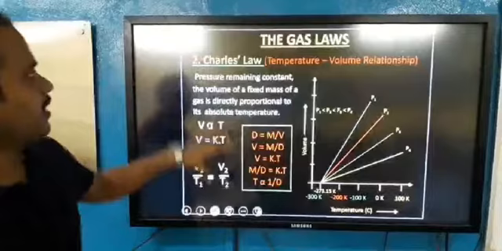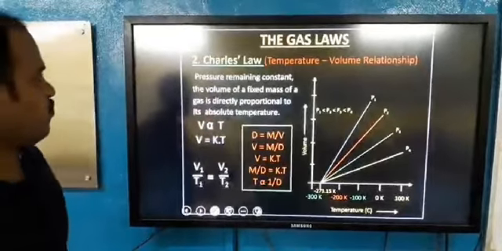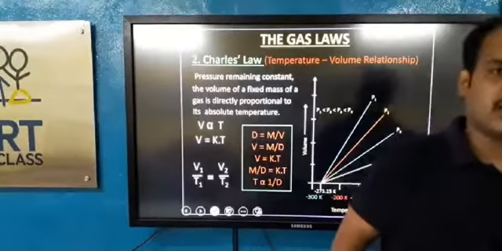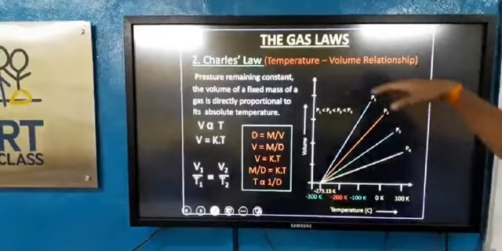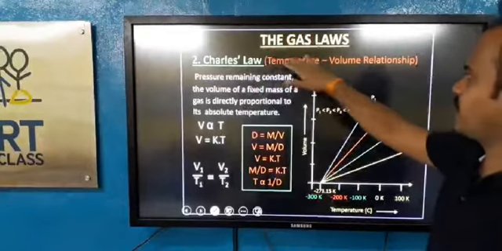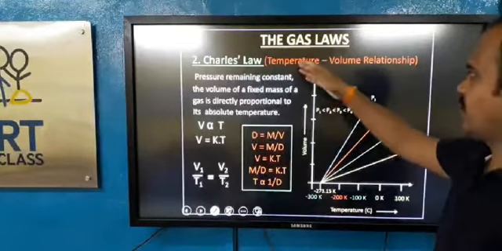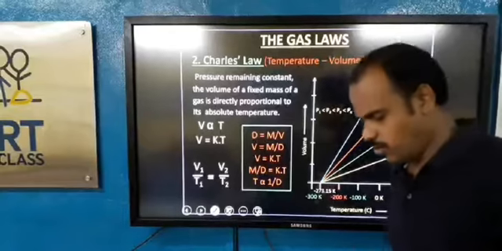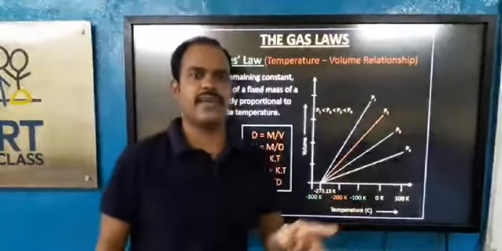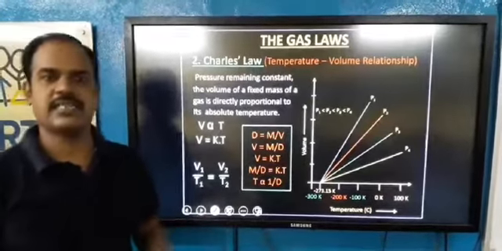Next, second law, which is followed by gases, this is Charles' law. So according to Charles' law, it explains the relation between temperature and volume. So what's the relation between temperature and volume? You know very well, as we increase temperature, the kinetic energy of gas molecules increases.